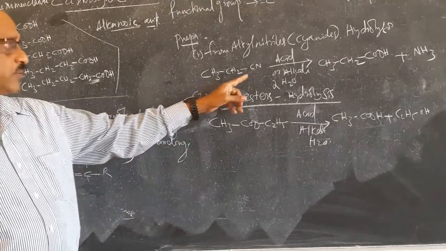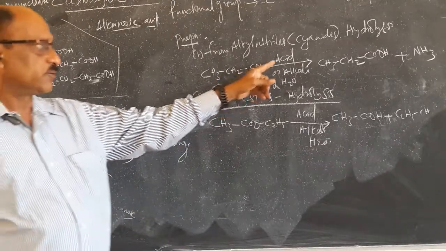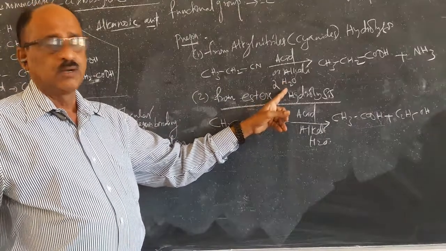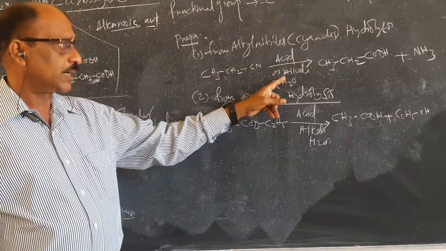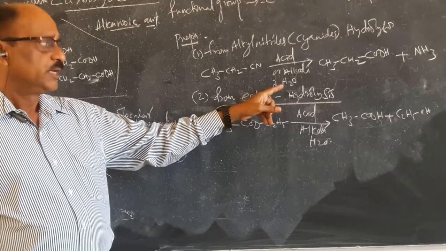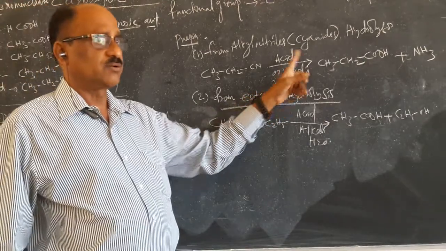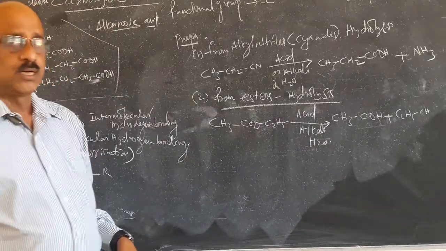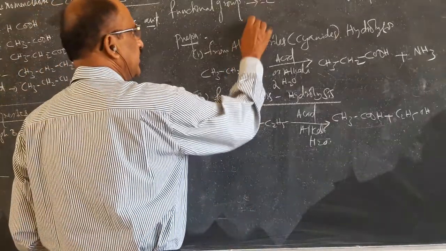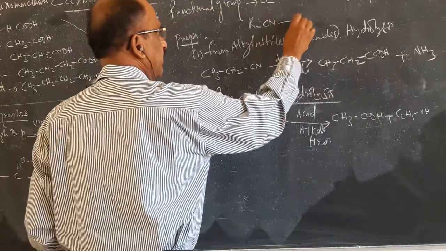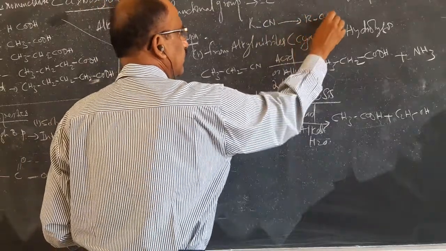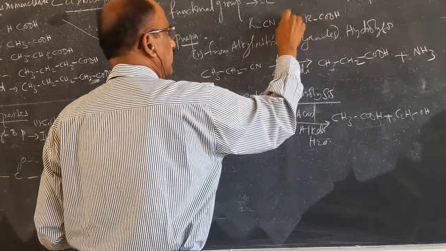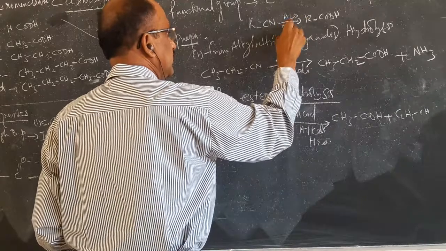So, take the one example, acid hydrolysis or alkaline hydrolysis, in which two molecules of water are adding and you are getting the corresponding acids. Generally you can say RCN can be converted into RCOOH with water in presence of acid.